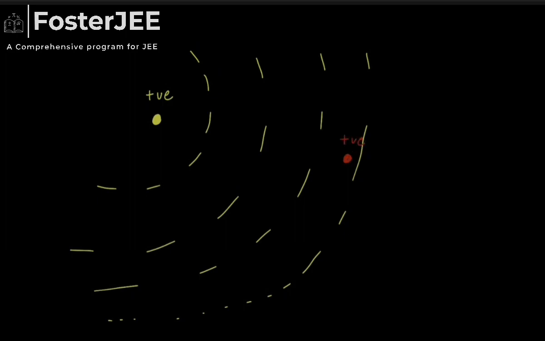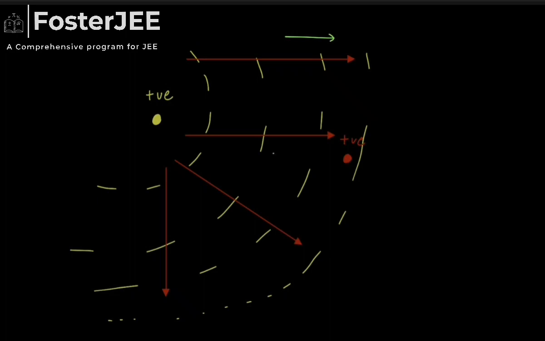Then, what will be the force on this particle? Since electric field originates from this charge and travels like this far from it, hence we can see the direction of electric field is this, and the positive charge is present in this direction. So what will be the force on this charge? That will be in the direction of field. Hence we can see these both are repelling each other.